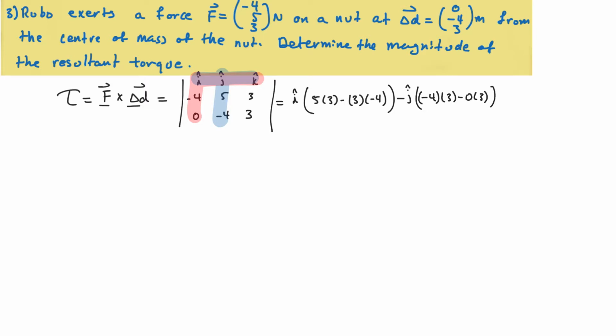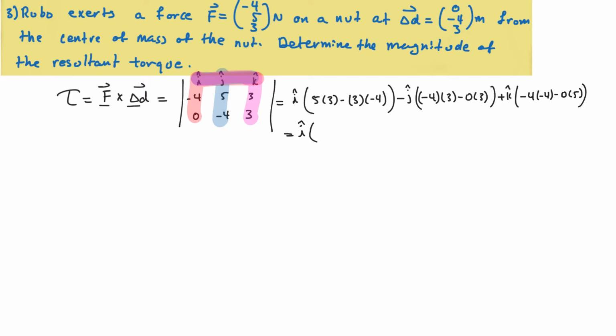And for my k component here, I will cross out the top row and the k column, and I will multiply -4 by -4 and subtract 0 times 5.